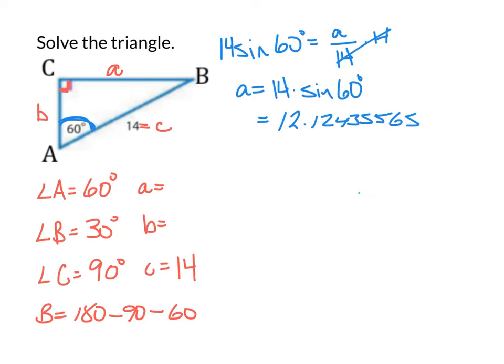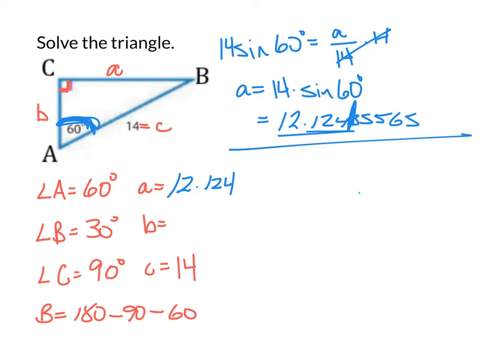What I want you to do is go to 3 decimal places, and you can either round or truncate, but definitely go 3 decimal places. So the length of side A is going to be 12.124.